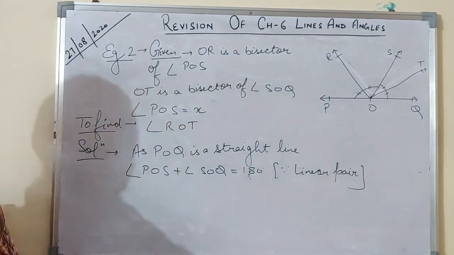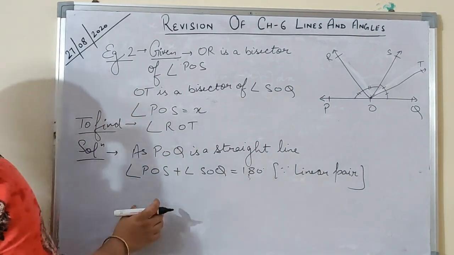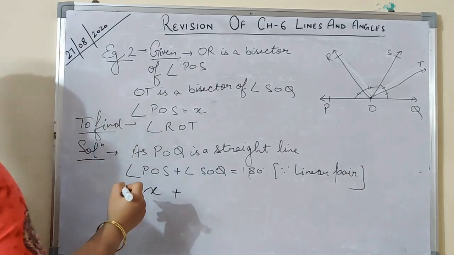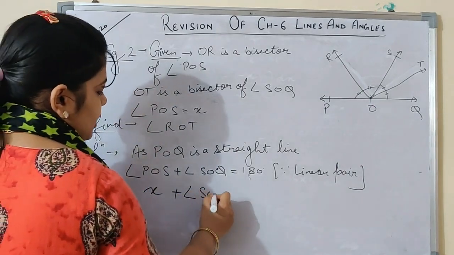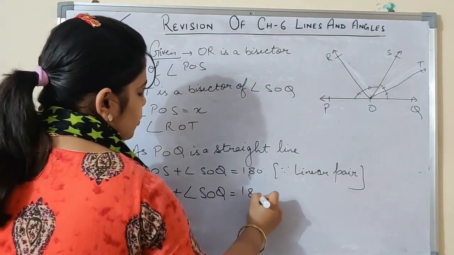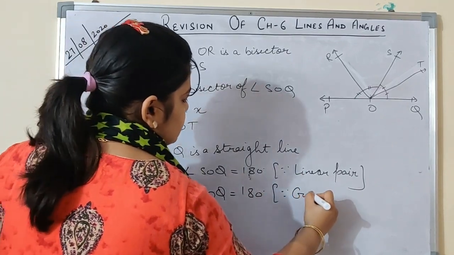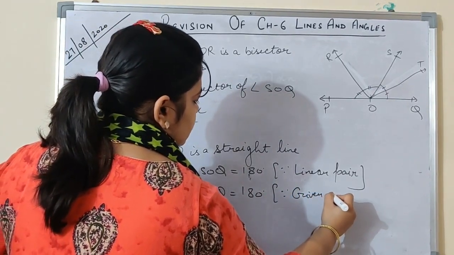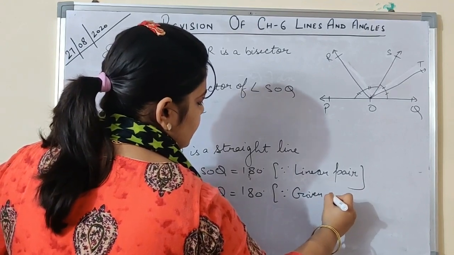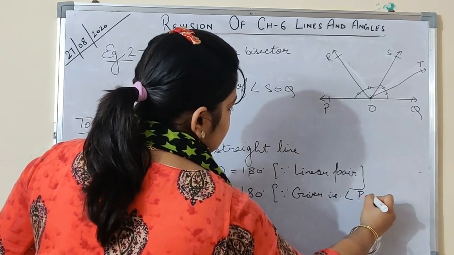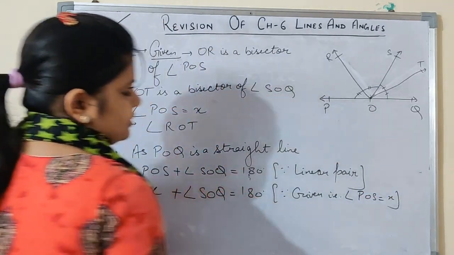Then, in place of angle POS, what can I write? I can write x plus angle SOQ is equal to 180 degrees, because it is given to us that angle POS is equal to x.